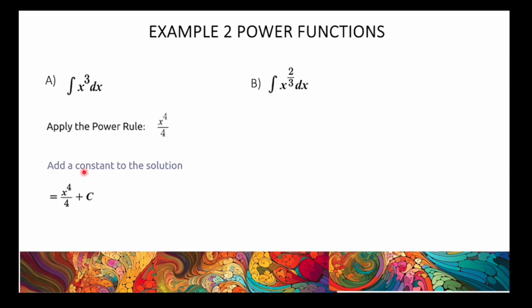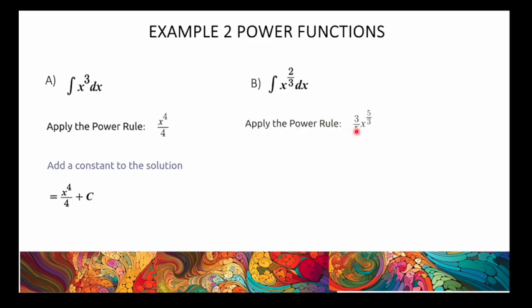Let's look at b. So we have the integral of x to the power of 2/3 dx. So we're going to add 1 to the 2/3. So that's going to give us 5/3 because we're going to add 2/3 and 3/3. And so we'll have x to the 5/3, and then we divide by 5/3.